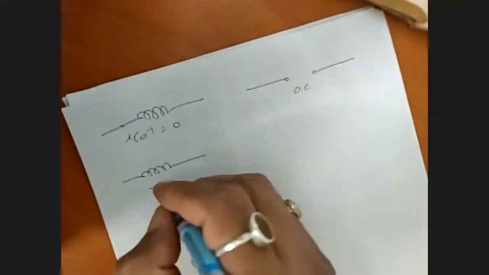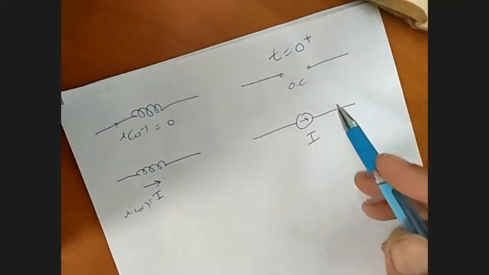And if an inductance is having I current at t equal to 0 minus, then that inductance will behave as a current source of I at t equal to 0 plus. So inductance will behave as open circuit, or as a current source, when there is a current flowing in the inductance.